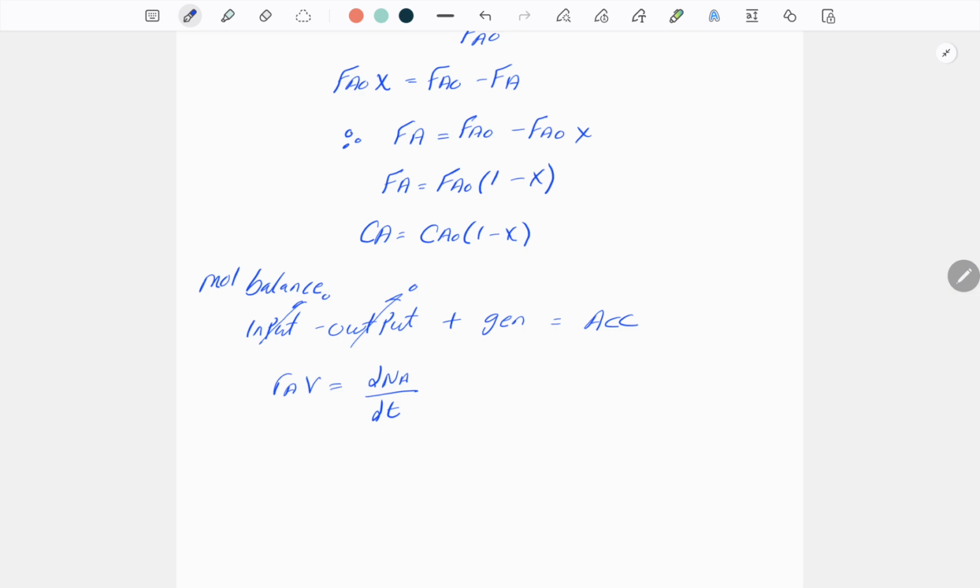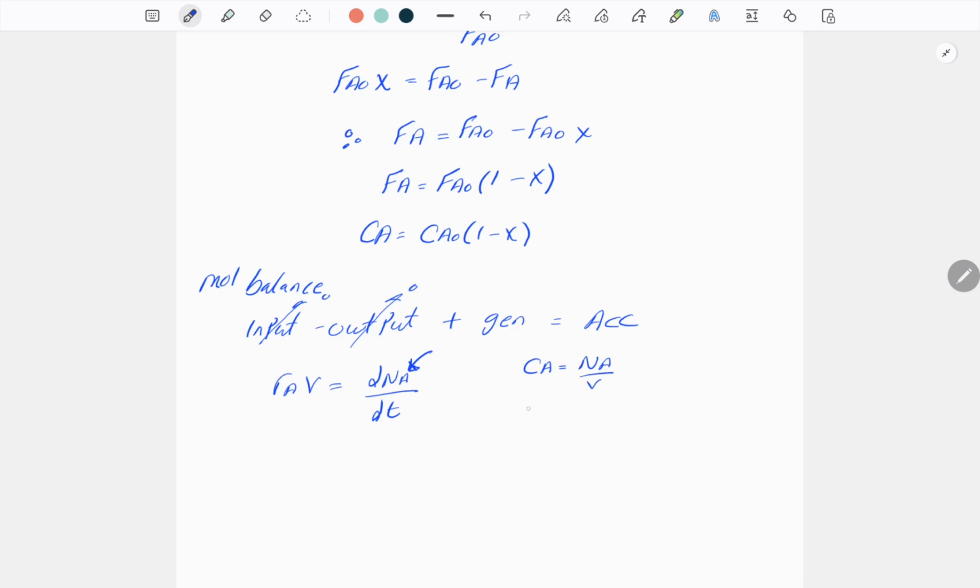Okay, we need to change this differential of dNA, which is the moles of A, in terms of X, because we're trying to convert our equation in terms of conversion, which is X. Therefore, we know that CA equals moles over volume.